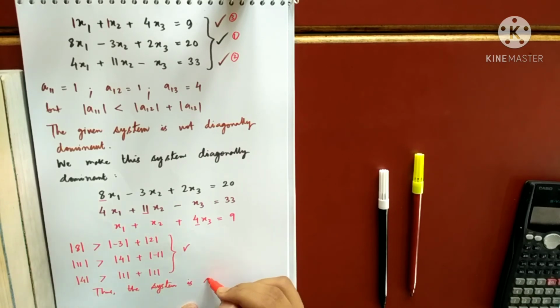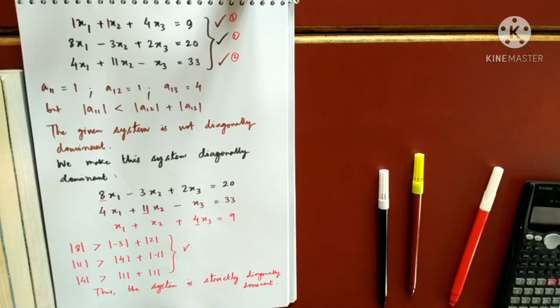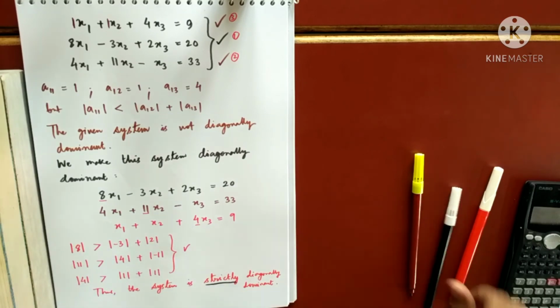Okay, the system is strictly diagonally dominant. Or you may simply write that it is diagonally dominant. We will not be interested that much in the difference between strictly diagonally dominant and diagonally dominant. But still, to be more precise, the system is now strictly diagonally dominant.